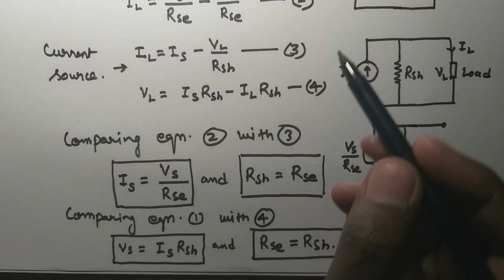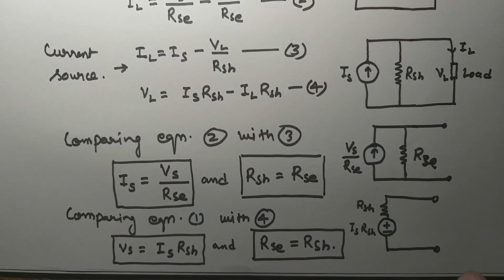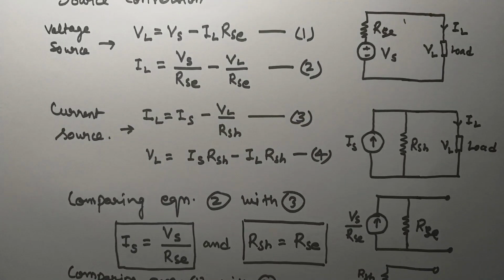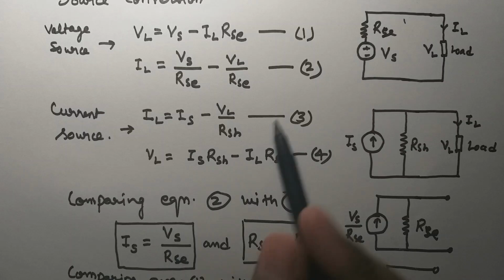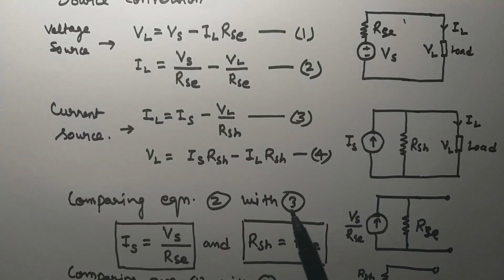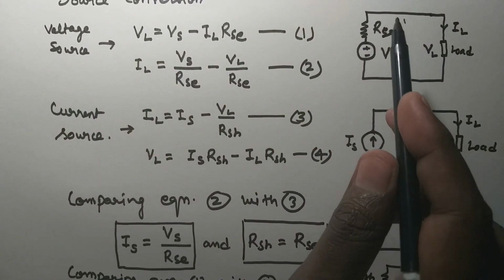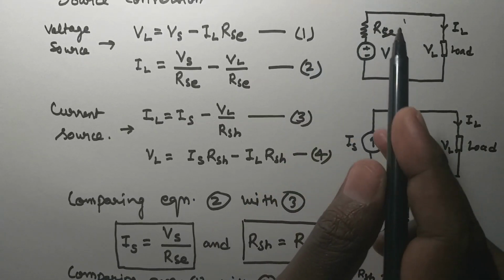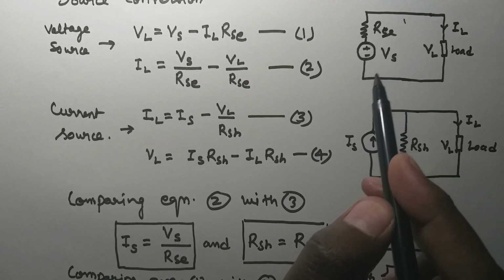So we can summarize all these conversions once again. First of all, we will see the conversion of a voltage source into an equivalent current source. So we are provided with this voltage source, and we have to convert it into an equivalent current source.